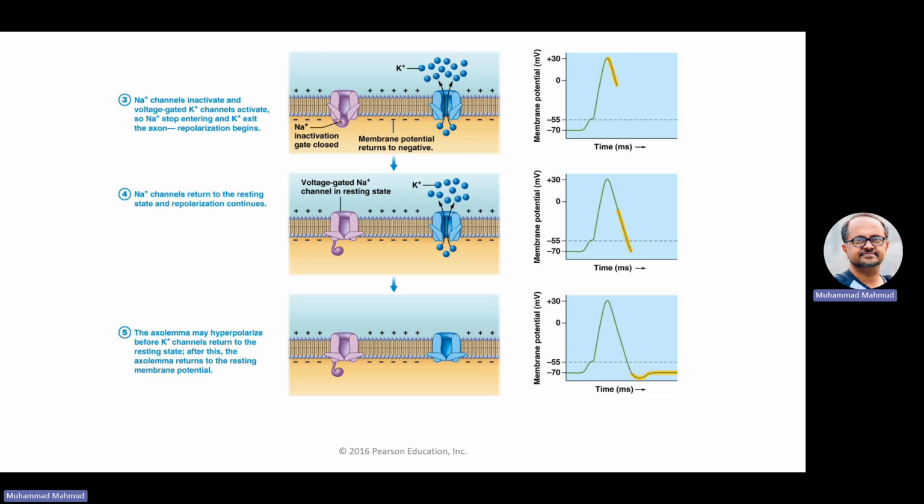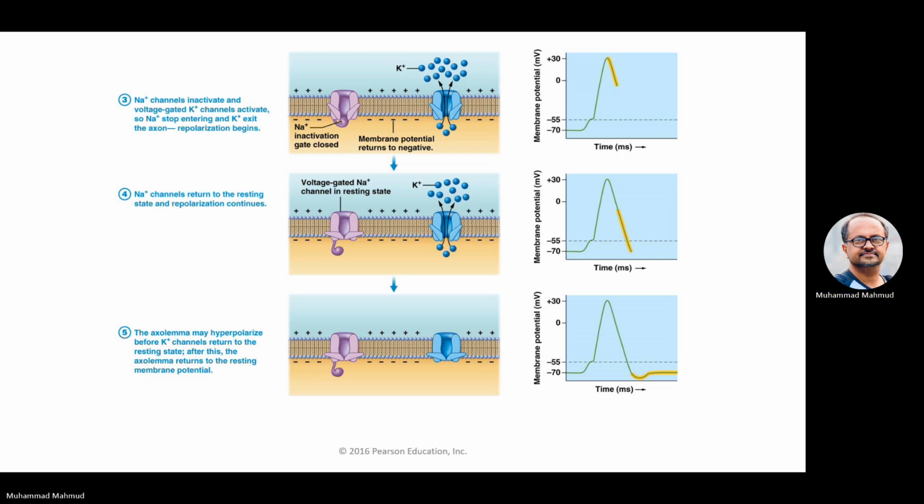So sodium stops entering and potassium exits the axon. Repolarization begins. In the next step, step 4, sodium channels return to the resting state, and the repolarization continues. Potassium is moving out, and that brings the voltage lower, close to negative 70.